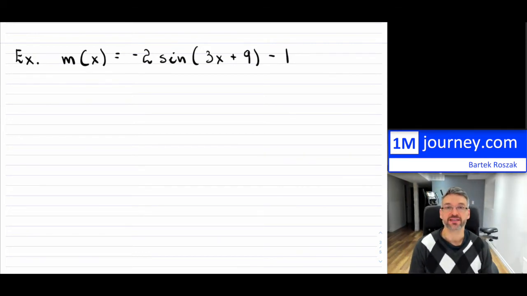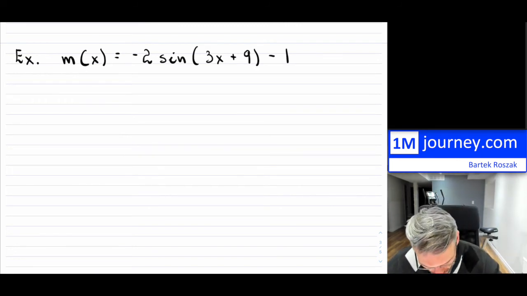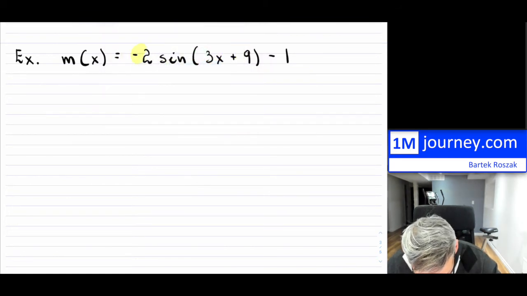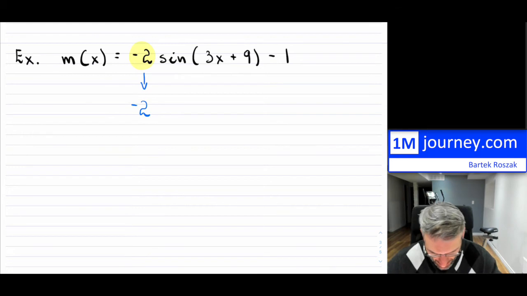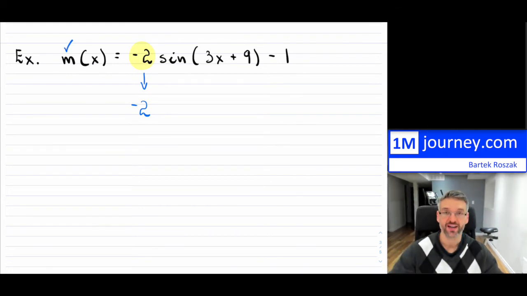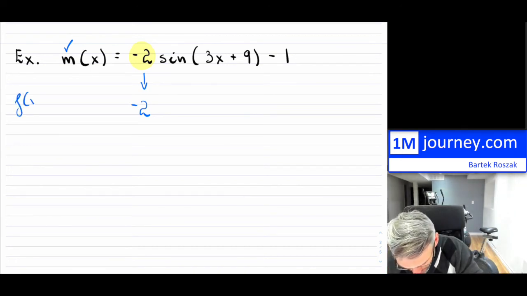But here, let's take a look and see exactly what happens. So how is this transformation working? First of all, this is basically your A. Now, I've used the letter M in here because I'm just assuming that F of X is equal to your original parent function.